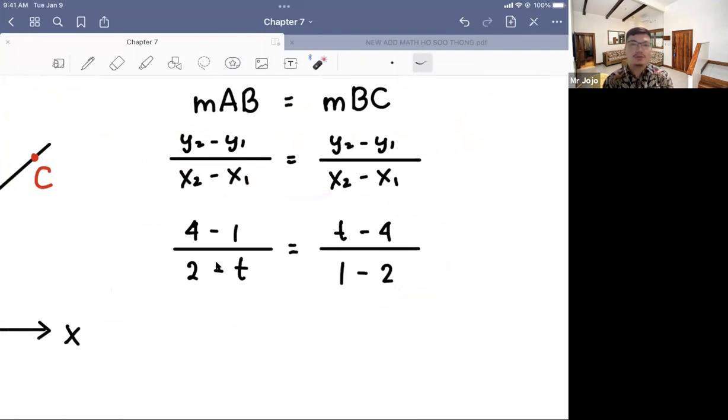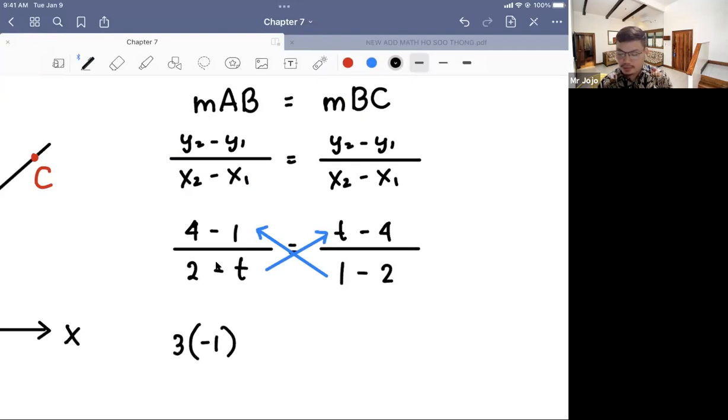And then how do you solve for the value of t? What's the shortcut here, class? We just need to cross multiply this out. This one here is multiplied with this one. Simplifying this, this one becomes 3 times negative 1, right? Let me just put this on the right side instead.